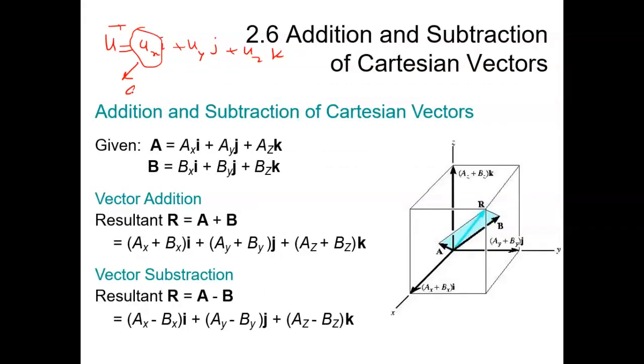This one is equal to cos alpha. This one is equal to cos beta. This is equal to cos gamma. So if you have the unit vector, you have alpha, beta, gamma. If you have alpha, beta, gamma, you can work out cos alpha, cos beta, cos gamma, and therefore you can work out the unit vector. So depending on what is provided to you, you can work this out.